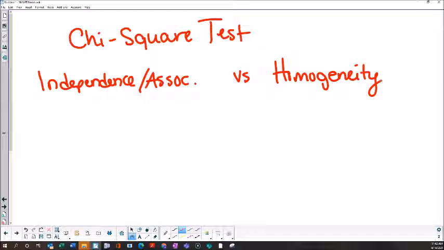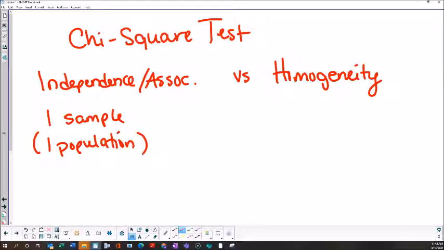So if it's independence and association, this represents one sample, and you're making inference about one population. Literally, oh my goodness. There we go. Okay, water bottle issues, right?